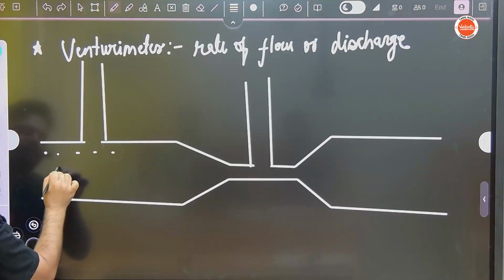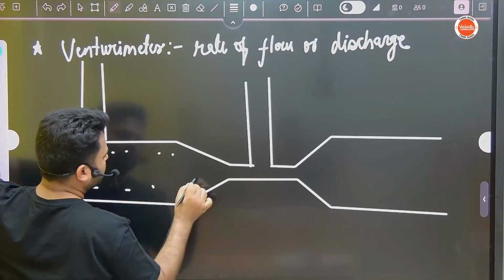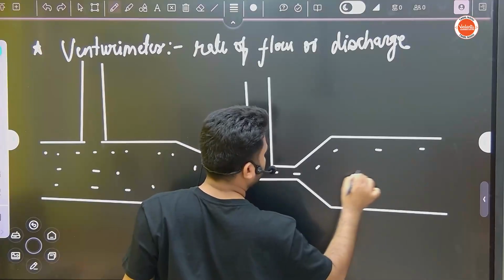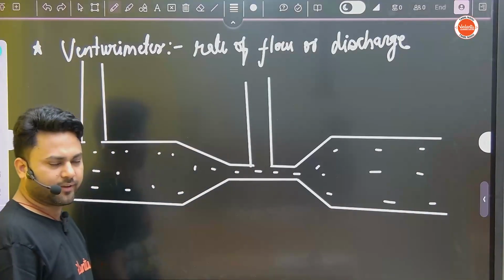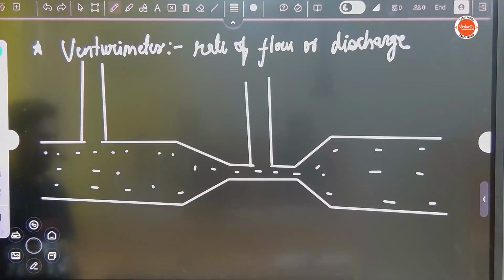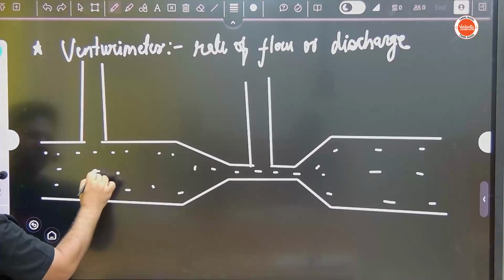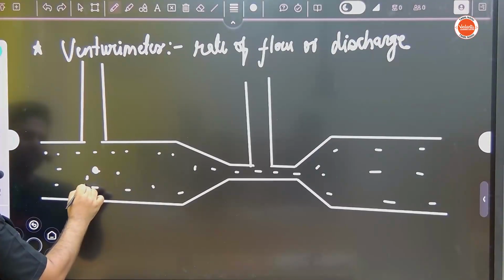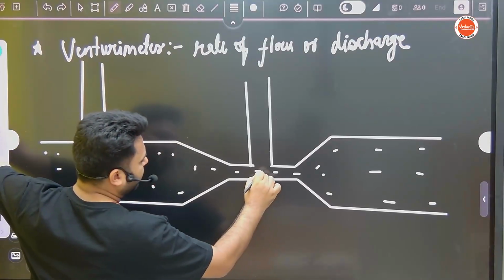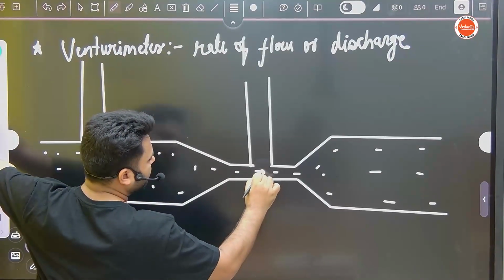Here liquid is flowing. If I focus at this section, this is section 1, and if I focus at this section, this is section 2.